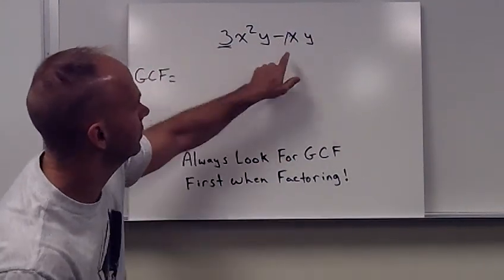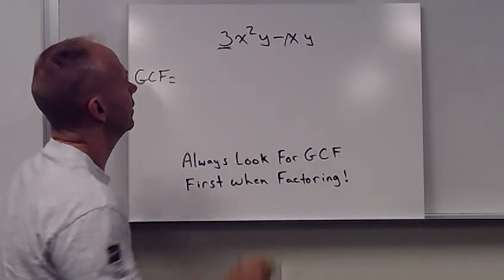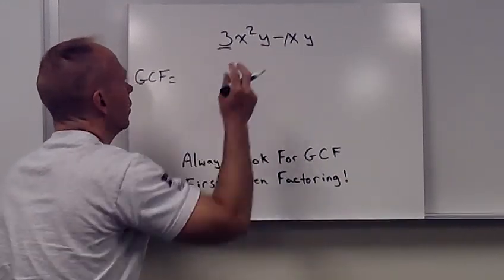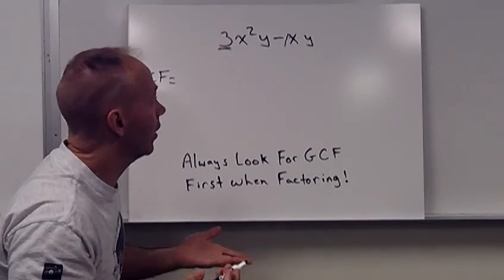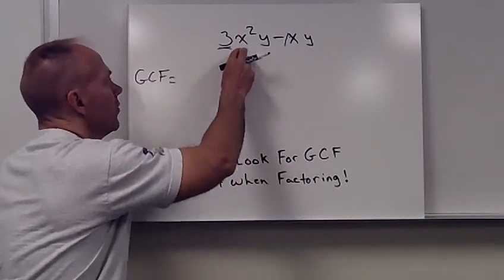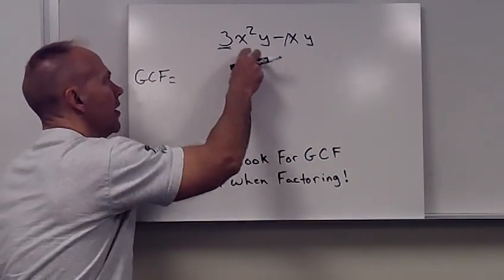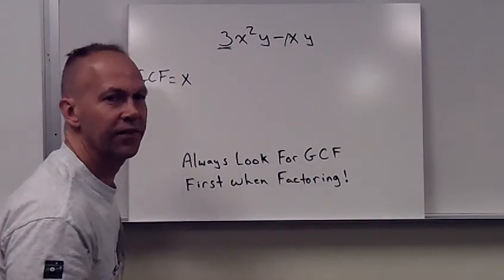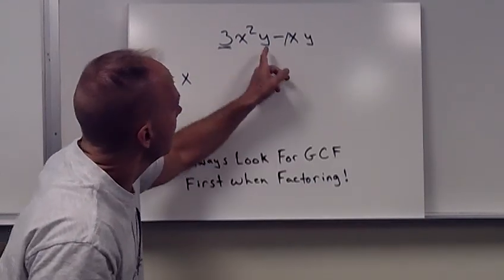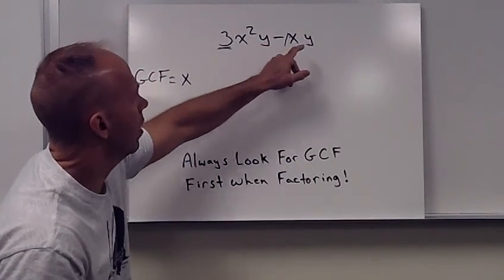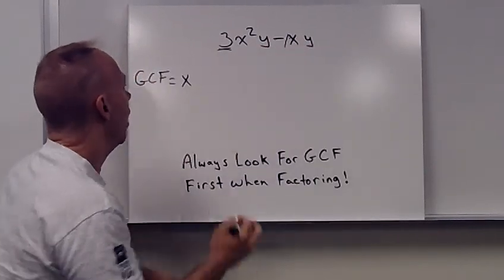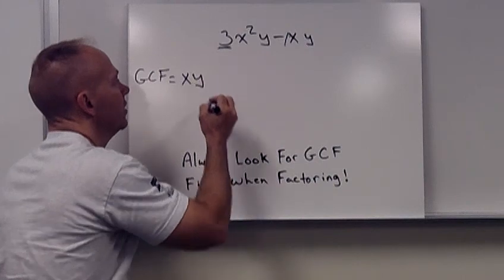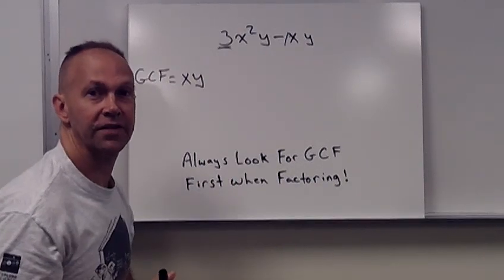You just don't see him because he's so skinny. Greatest common factor between 3 and 1 is 1, and factoring out 1 doesn't do anything. Look at the x's. That's an x squared, that's an x to the first. I can factor an x out of each of those. Between these, that's a y, that's a y, I can pull a y out. So my GCF, my greatest common factor, is xy.